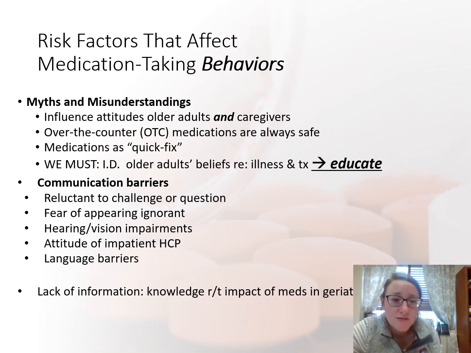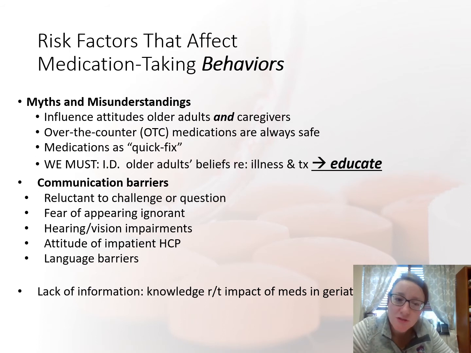Another myth is that medications can just be a quick fix. So a 77-year-old woman comes in with overactive bladder. She's going frequently. She needs to be near a bathroom all the time. It comes in such a hurry, and we give her some oxybutynin, right? We give her some diazepam. We're going to fix that problem for you, right?